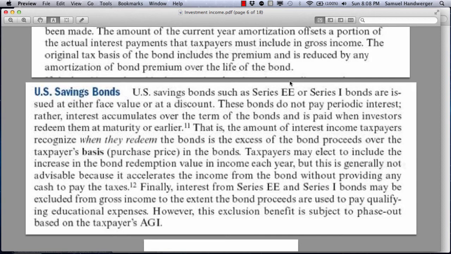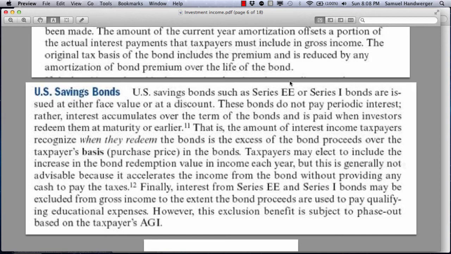So here's one of those issues that we went over in class where you've got to recognize when there's an election, which way does the election go, and what's the timing of the election. So in this case, the default position, rather, is that you only pay interest on the income earned on the bonds when you redeem it.